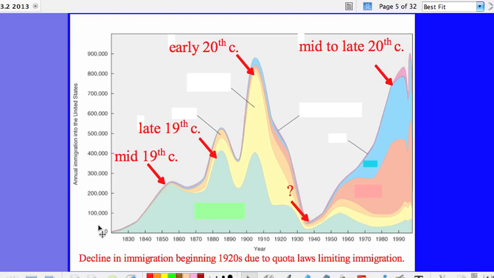So colonial time, which would be in the 1700s, 18th century, and then the 19th century, which is the 1800s. There's three peaks. This first peak here in the mid-1800s, second peak around 1880, and the third peak kind of the turn of the century into the early 1900s.